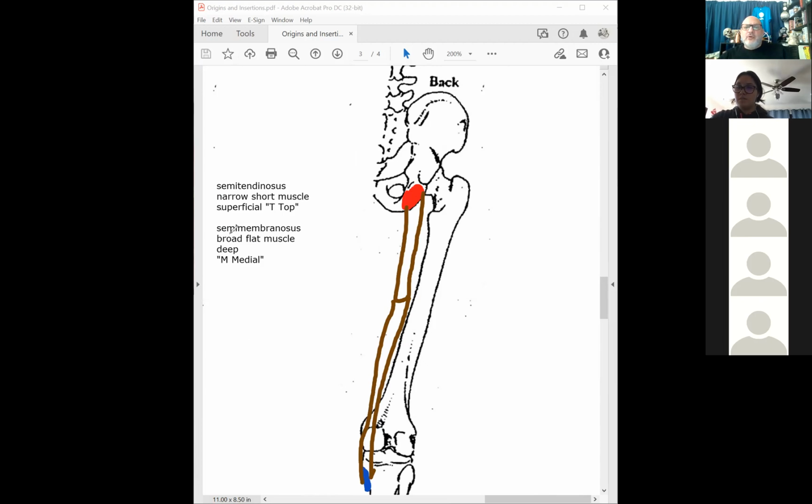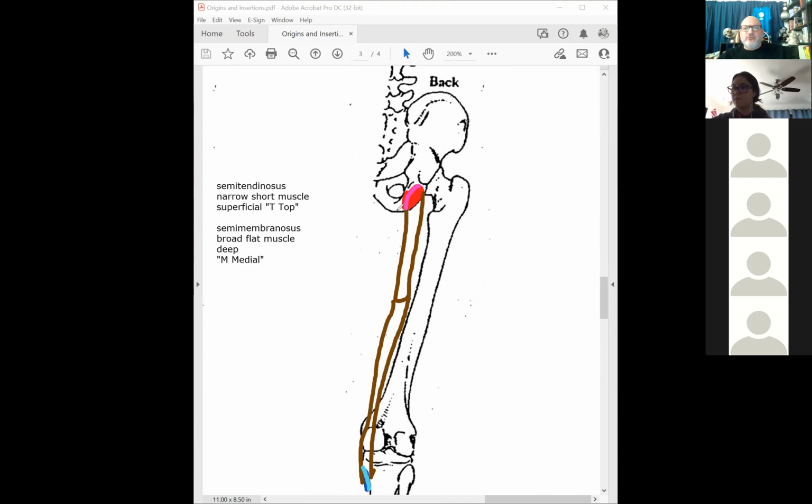And what is the origin of the semimembranosus? The ischial tuberosity. There you go. What is the insertion of the semimembranosus? Medial condyle of the tibia. Notice these two muscles have the exact same origins and insertions.